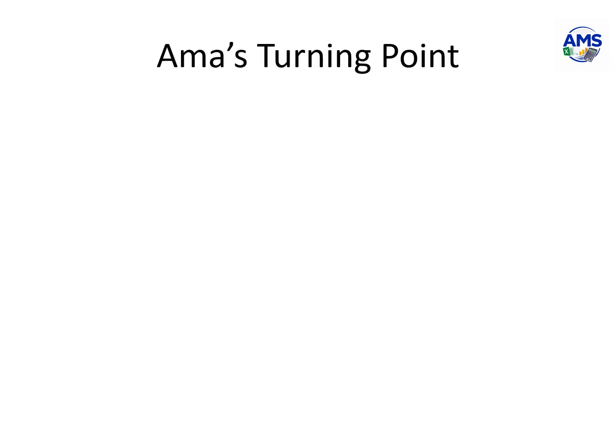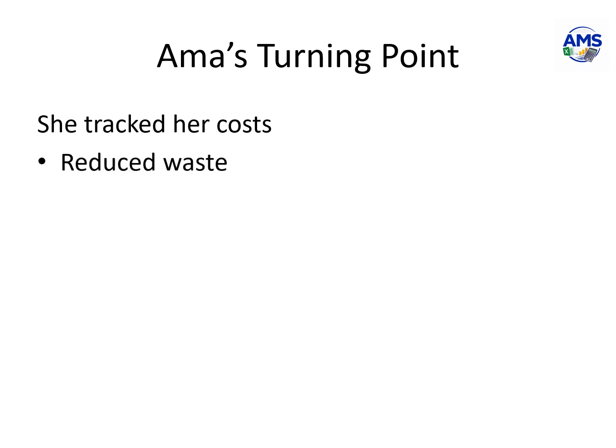Let's look at the real life turning point for Ama. Ama decided to track her costs. Now that she knows the different types of costs, she decided to track her costs. She discovered she was wasting ingredients daily.